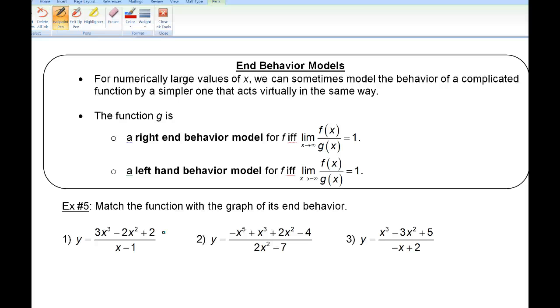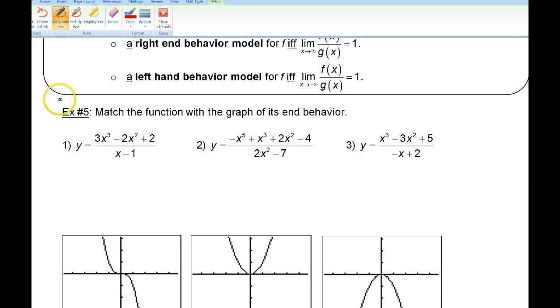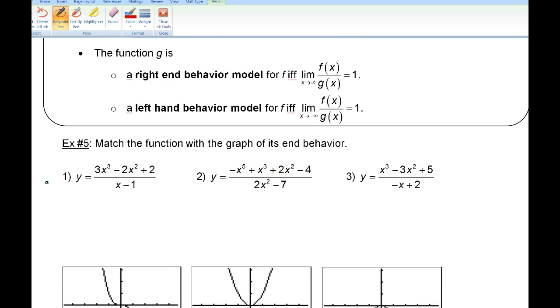I put a more technical explanation in here, but I find that students find that more confusing. The simple explanation would be to simplify the largest terms in the numerator and denominator.